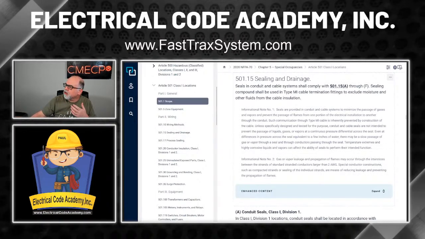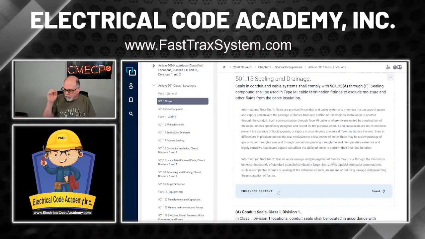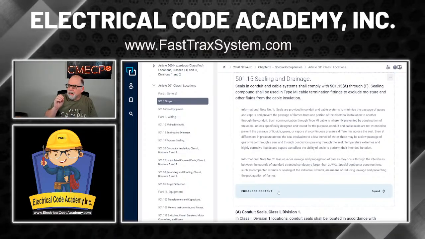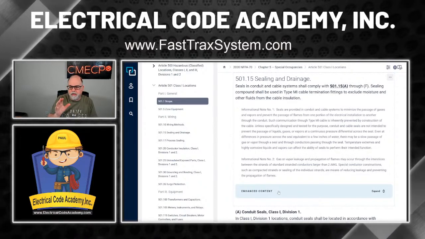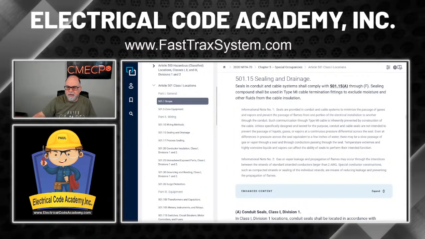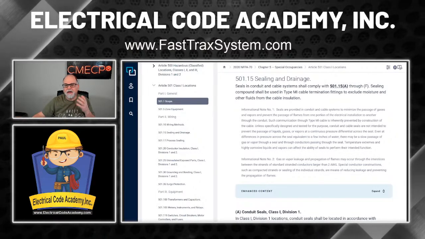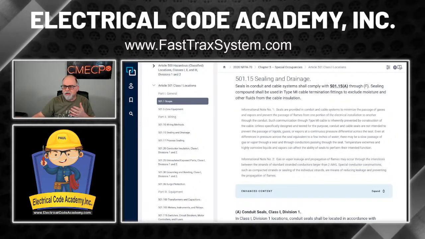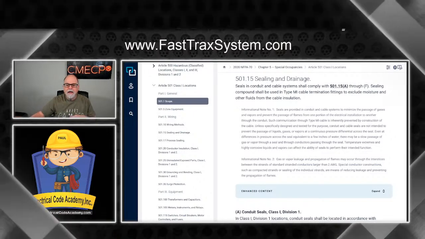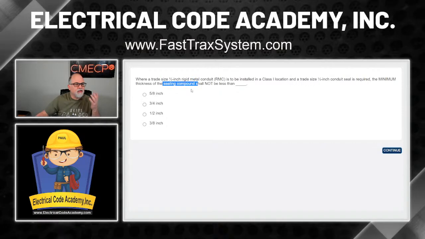Now, here's your sealing. Let me give you some tips for an exam here. If I'm looking in my code book, I'm looking for triggers. Something, for example, like here, like the thickness, that terminology, something that says seal compound. I'm looking for these answers. Let me take you back real quick. In the question, I'm looking for something that says seal compound.